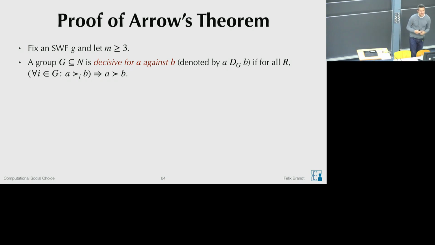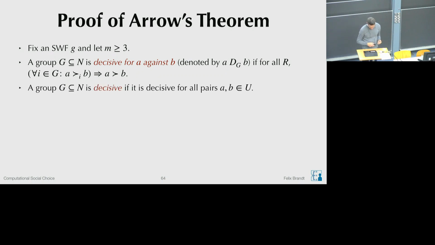How is Pareto optimality connected to this notion of decisiveness? Exactly. A minor thing about terminology: the Pareto rule is a specific social choice function that we have defined. But if we have Pareto optimality, as we do here, because that's one of the conditions for Arrow, we know that the entire group of voters N is a decisive group. So those are two interesting examples of decisive groups.